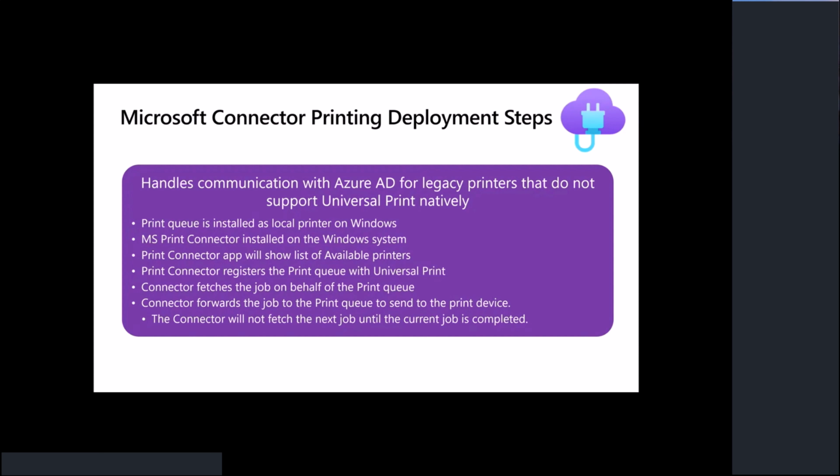You can print directly from Business Central to Universal Print, and usually it's a PDF file that is sent, in which case either the native printer would pull down that PDF and render it, which is part of the MOPRIA specification, that you support the PDF format, or the Microsoft connector would pull down the PDF and render it with the print driver. PaperCut supports PDF natively as well, so typically that's the format that's going to show up there. Next slide.